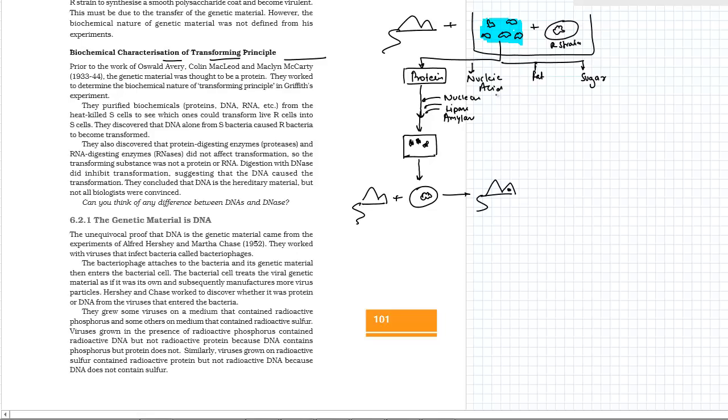What actually happened in the next experiment, when they wanted to save the nucleic acid, is that they added protease, they added lipase and sugar digesting enzymes such as amylase. This was the only experiment in which the mice actually died.